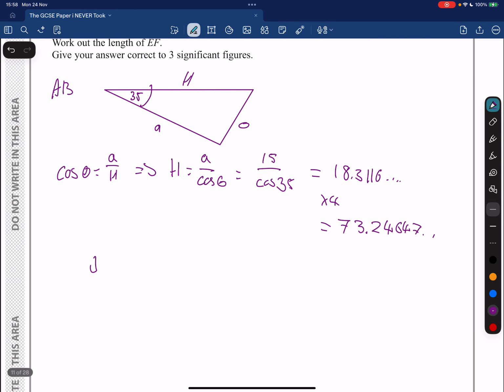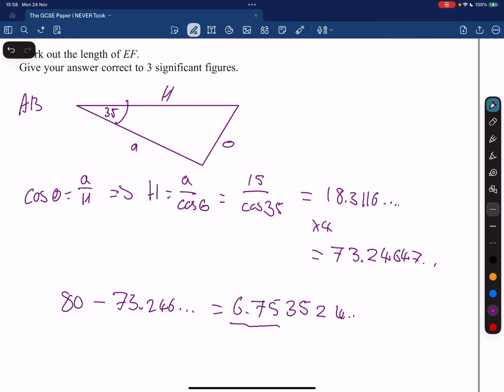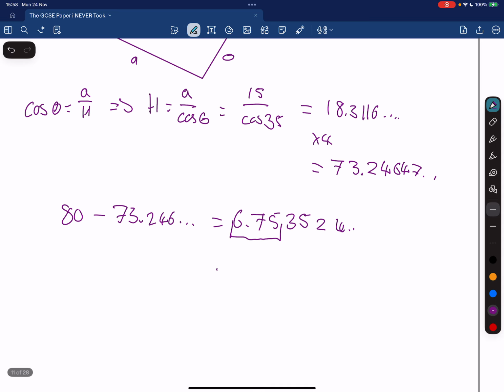And now we're going to do 80 minus 73.246, and that is equal to 6.753524, but we want to get it to 3 significant figures, so 1, 2, 3. So therefore it is 6.75 to 3 significant figures.